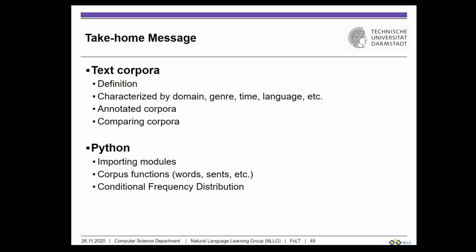So what we've seen in this lecture is text corpora. What is the definition of a text corpus? It consists of multiple individual text files and individual texts, and it's usually balanced to some degree, has been created either by a crowdsourcing community, such as in the case of the web, or with some purpose in mind, such as literature people wanting to create a corpus of poetry, for example.